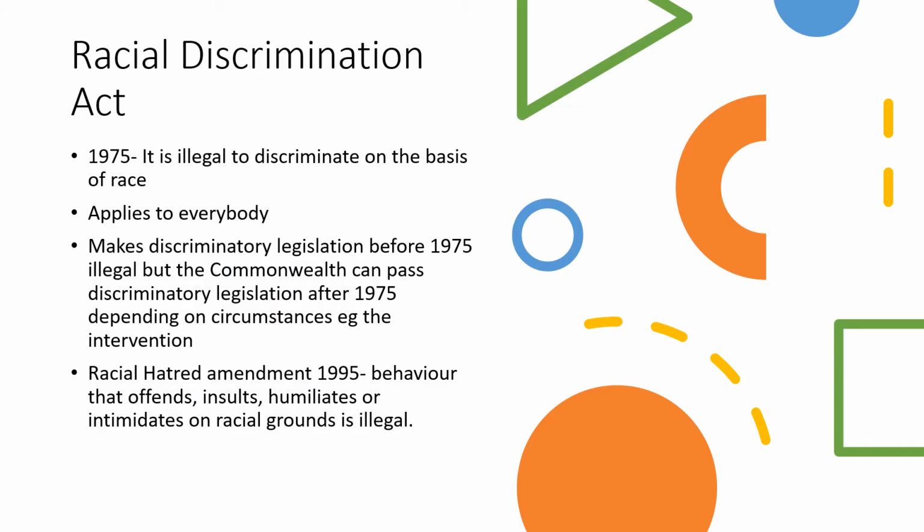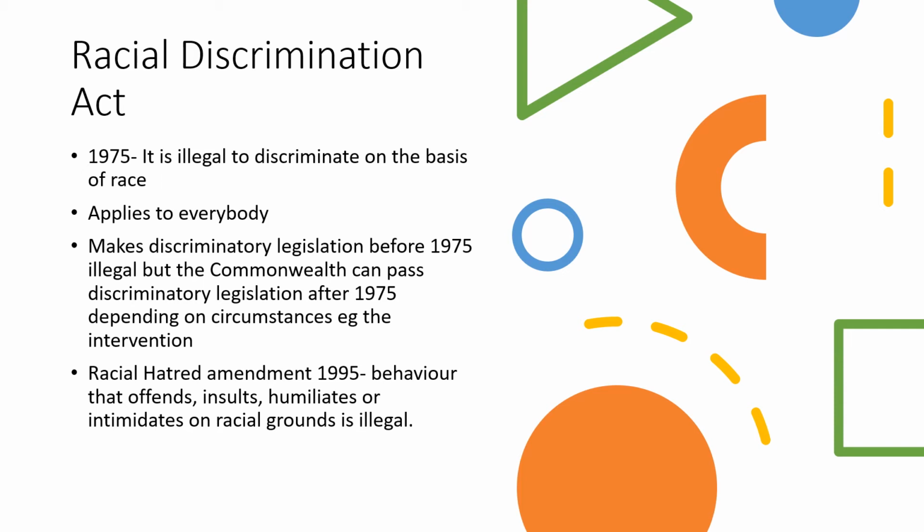So under the Racial Discrimination Act, it is illegal to discriminate on the basis of race. It applies to everybody in the country, and it makes discriminatory legislation before 1975 illegal, and it's a Commonwealth Act, so it overrides state acts as well. But the Commonwealth can pass discriminatory legislation after 1975 depending on the circumstances.